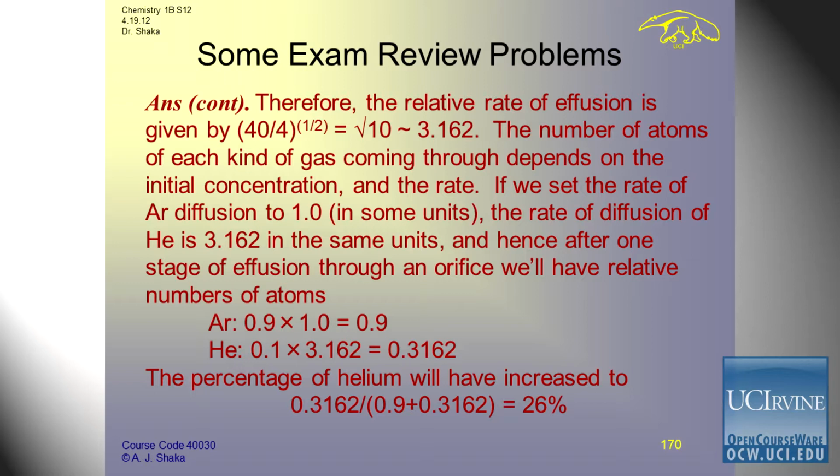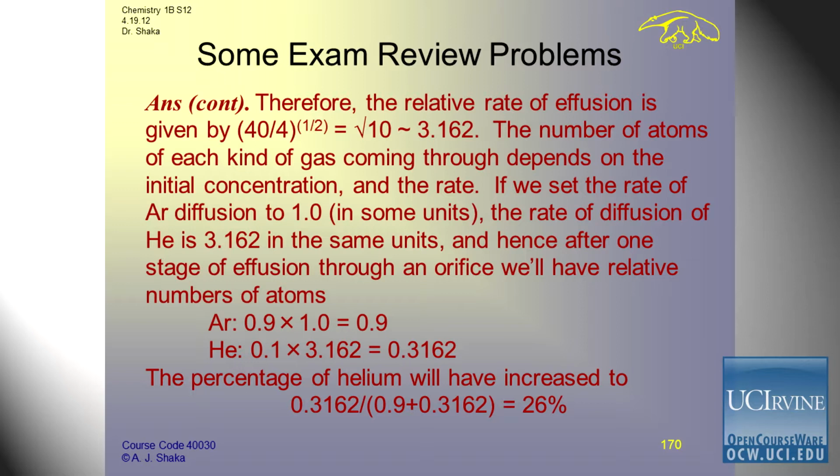After 1 stage of effusion through an orifice, we'll have relative numbers of atoms. So argon, at some rate going through, I'm going to have 0.9 of whatever my units are going through. Helium, there's only 0.1 worth of helium versus argon. Remember, it was 90% argon and 10% helium.